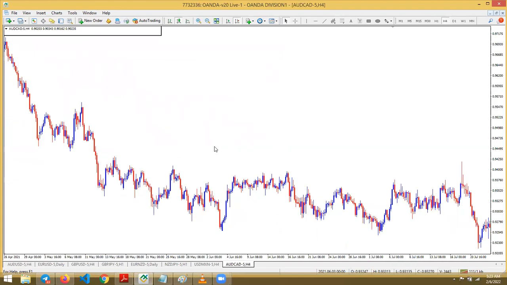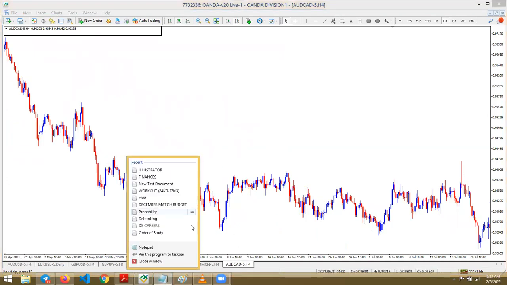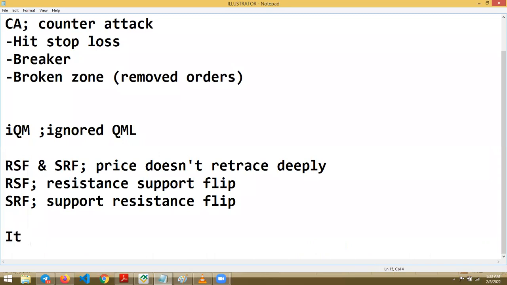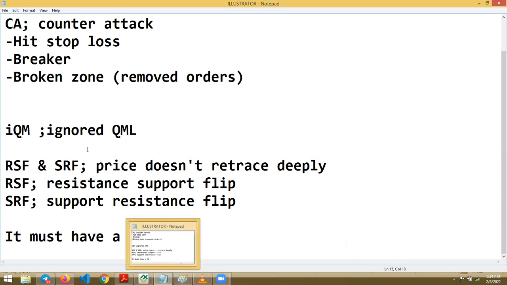Now let me just hint at something. It must have a decision point. If you're looking out for resistance support flip and support resistance areas, always make sure it has a decision point. If it doesn't have a decision point, don't consider it. That is my hint. Look out for decision points along those areas.